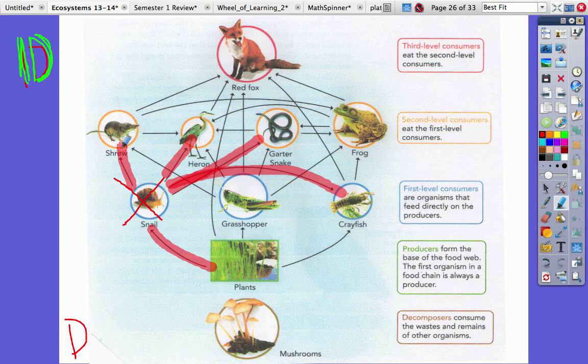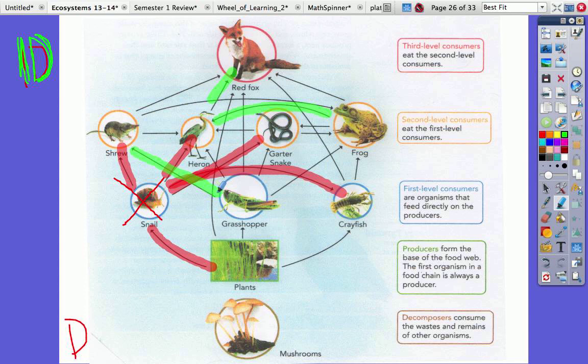Indirect effects are the ones that are hurt due to something else but are not actually connected to the organism being eliminated. For example, you have the red fox, you have the frog because of the heron, you have the grasshopper because of the shrew. Those are the organisms that are indirectly affected.